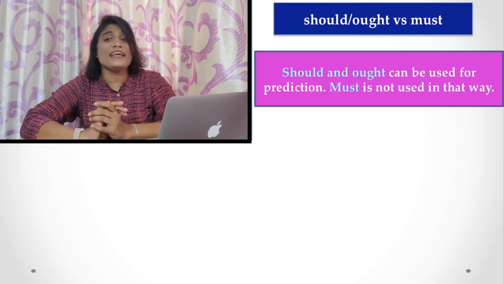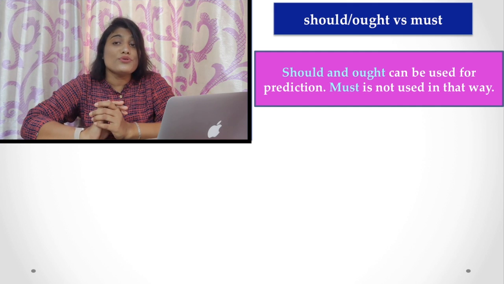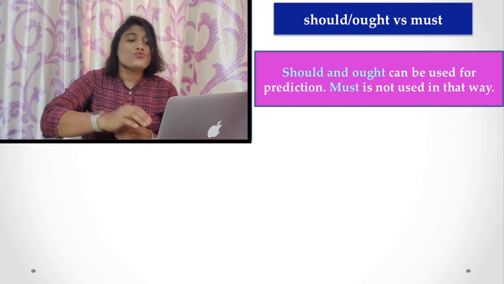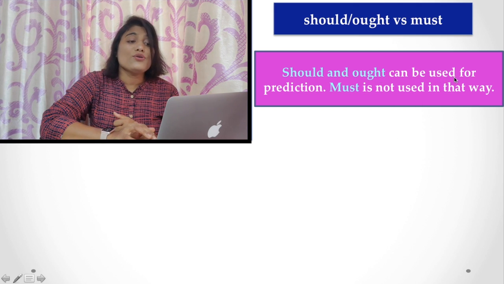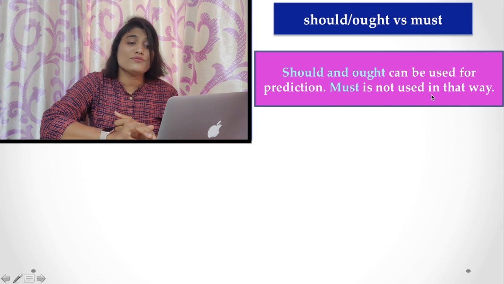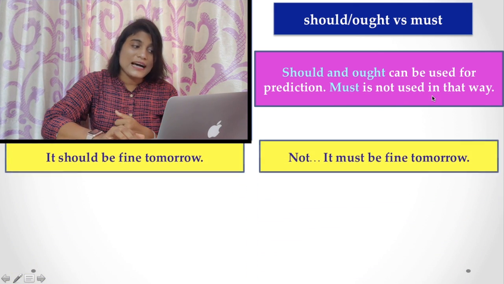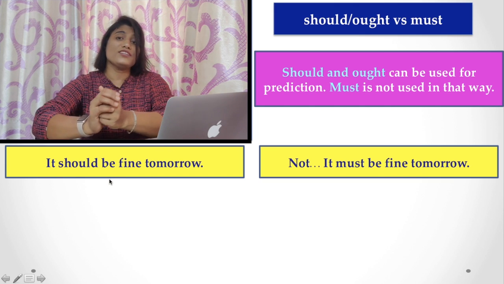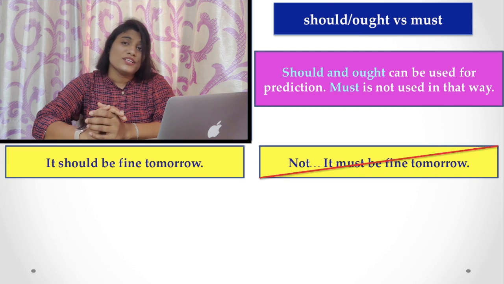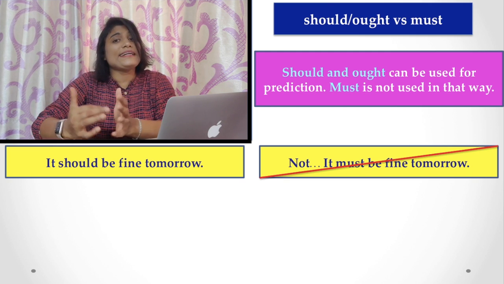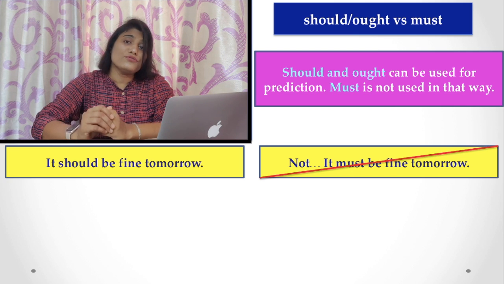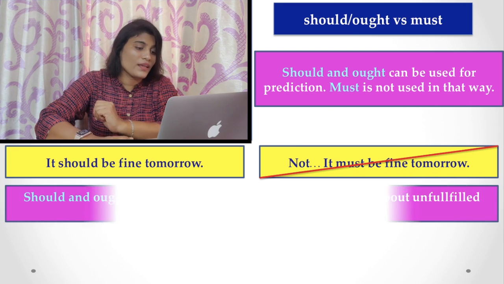Now, I am going to talk about the difference between should or ought to and must. Should and ought can be used for prediction, but must is not used in that way. For example, it should be fine tomorrow, but we never say it must be fine tomorrow. So while predicting something, instead of must, we have to use should or ought to.